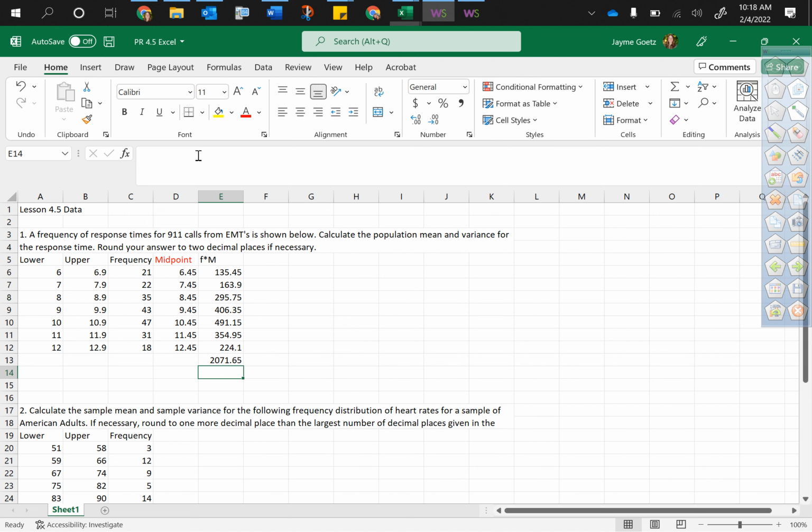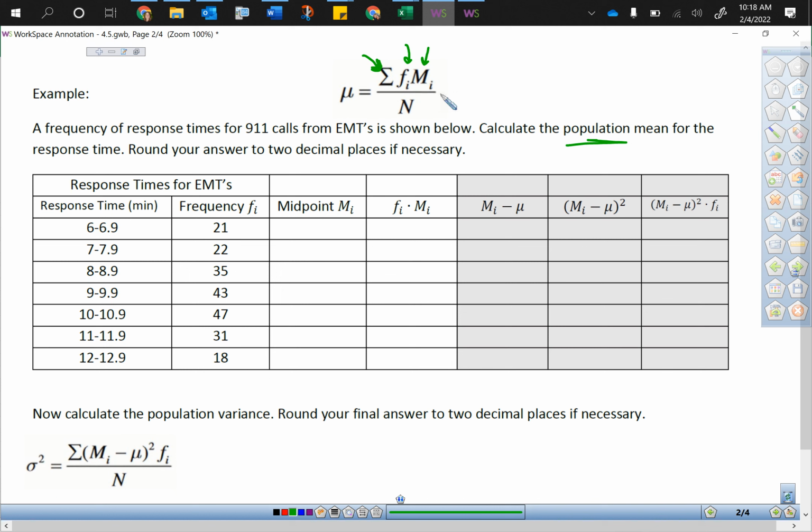Now, according to the formula, what do I want to do with those? Divide by how many we have. We just found that the sum of the frequency times the midpoint is 2071.65. Now we want to divide by how many total values there are. This is where things are a little bit interesting, because you'll sit here and go 1, 2, 3, 4, 5, 6, 7.